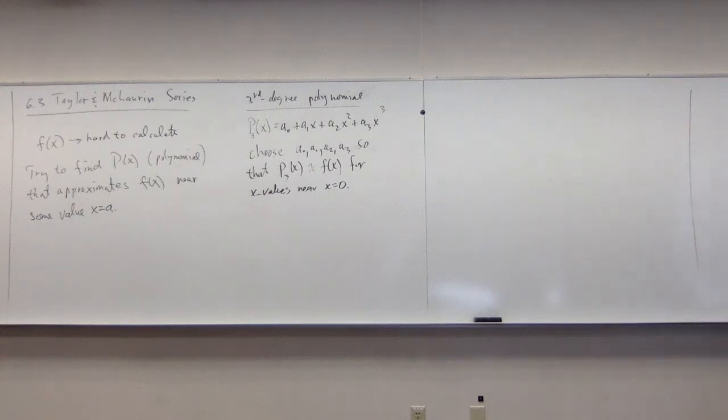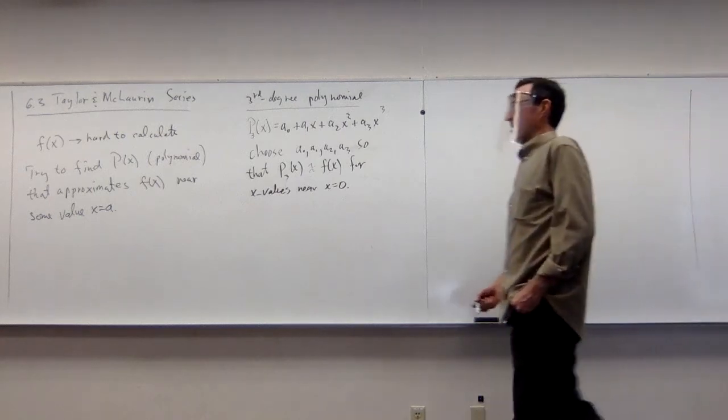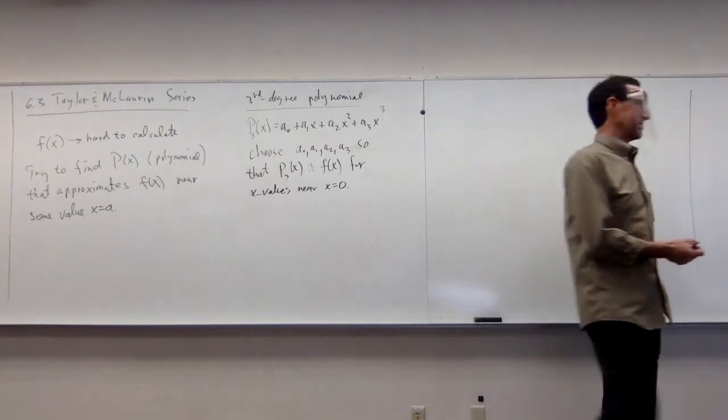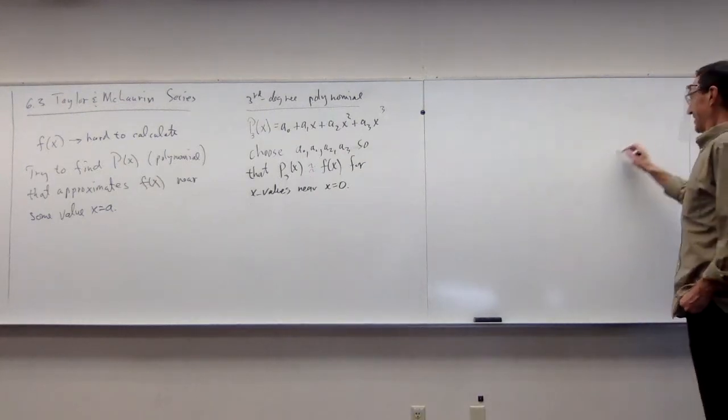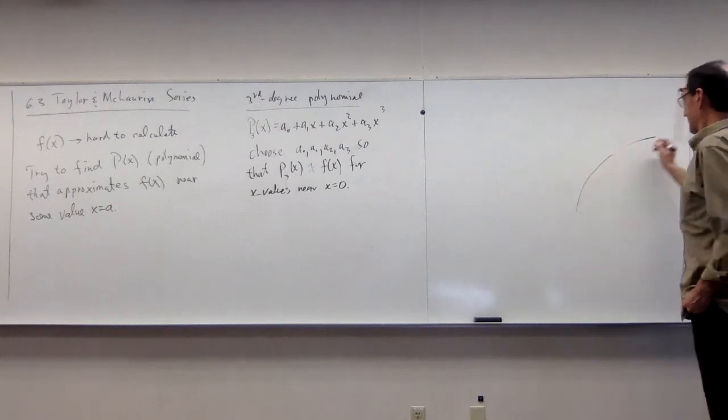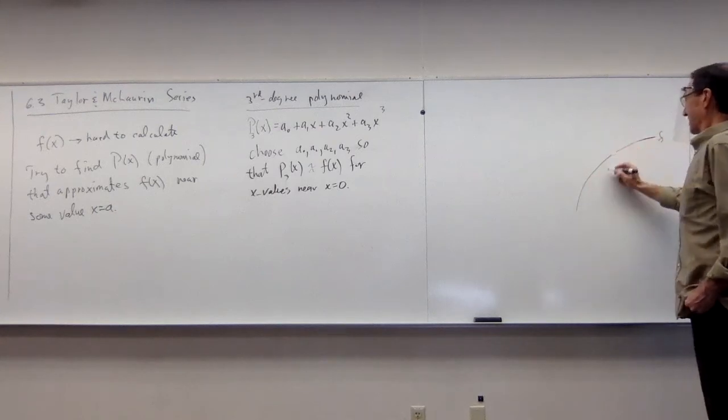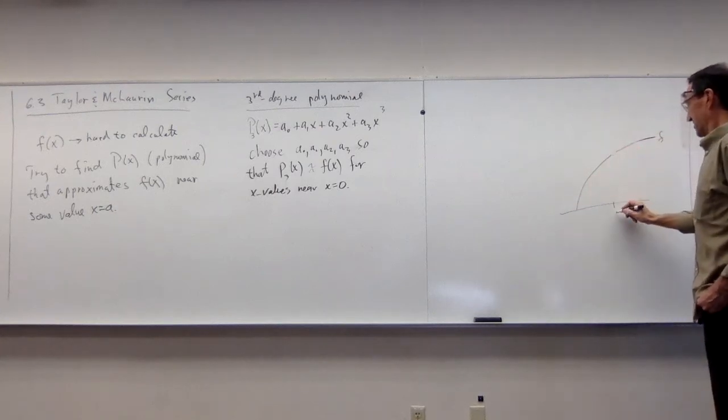All right, so we're looking for these 4 constants that make this third degree polynomial approximate f of x. Well, there's some common sense. Suppose f does this, I'm off the screen. So there's f, and here's 0.